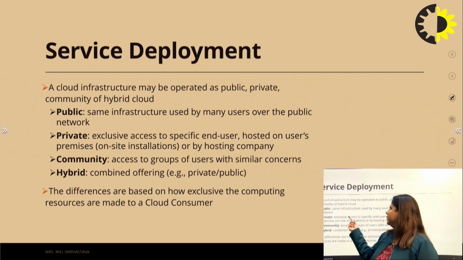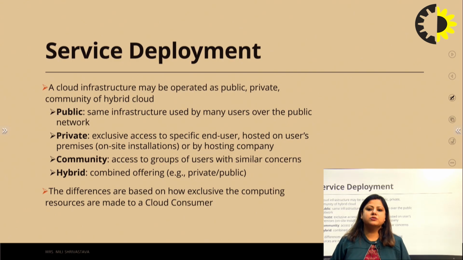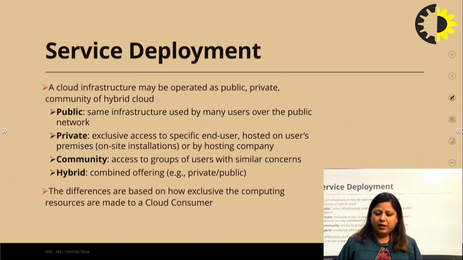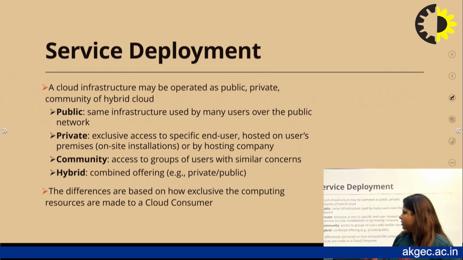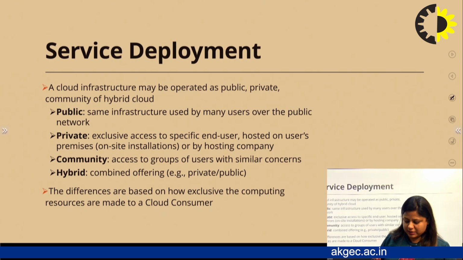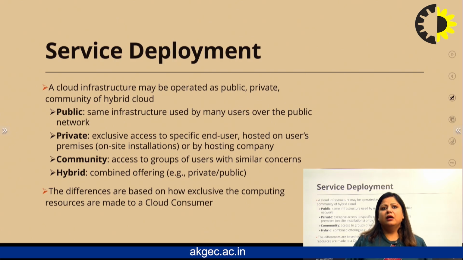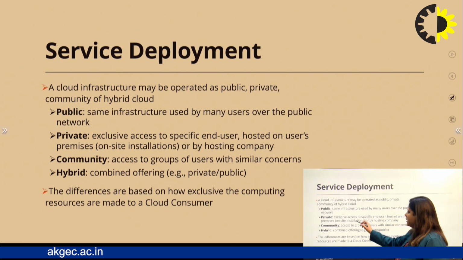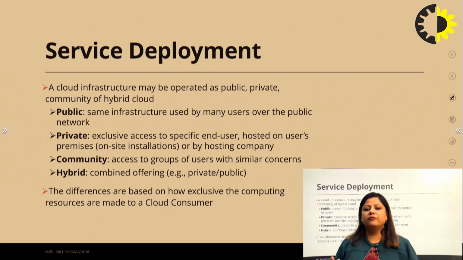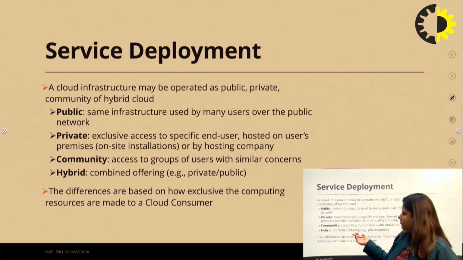cloud computing. In public cloud computing, the same infrastructure is used by many users over the public network, which is open to all, and we can access data or documents anytime, anywhere with the help of public cloud architecture. In the case of private cloud architecture, it is basically created by developers and exclusively accessed by specific end users, a group of developers who use this type of private cloud architecture.